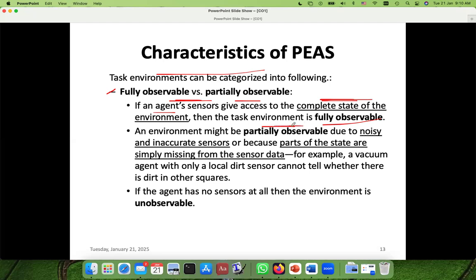And then what would be the reason that your agent cannot observe the environment fully? The reason can be noisy and inaccurate sensors. If your sensor is now old and it can produce errors, it cannot read fully and accurately. It is reading, but it is producing noisy data.